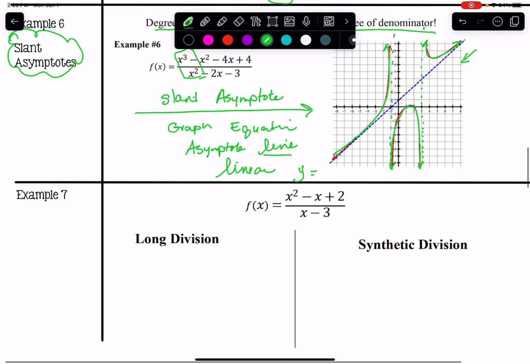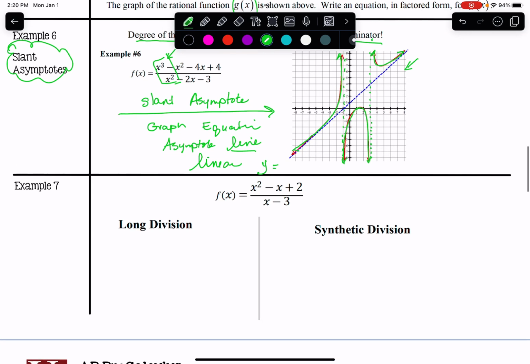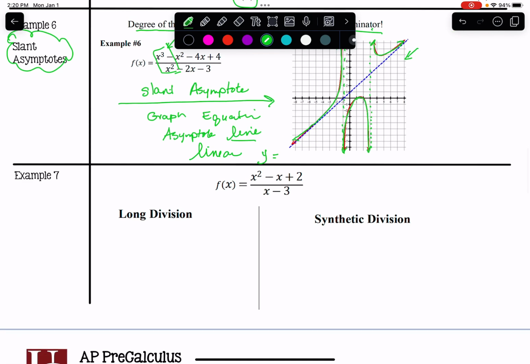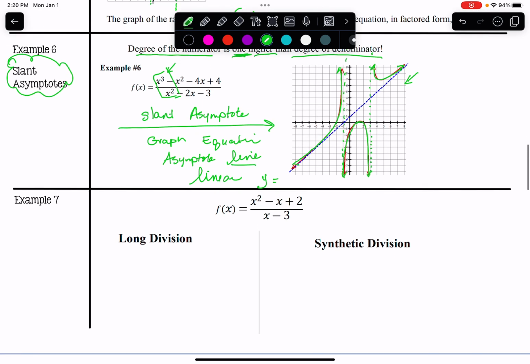Now, in order to find those, we need to review a little something about long division and synthetic division. Because how you figure out what the slant asymptote is, you rewrite the function as a divided polynomial, or a divided rational function, into a polynomial with a remainder.